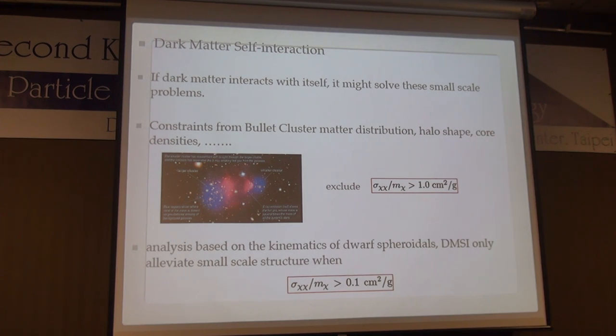So if dark matter has self-interaction, it should be smaller than this and larger than 0.1. The reason is that if the self-interaction cross section to mass ratio is less than 0.1, then you don't see this effect from the simulation. So the dark matter self-interaction will be within this regime.